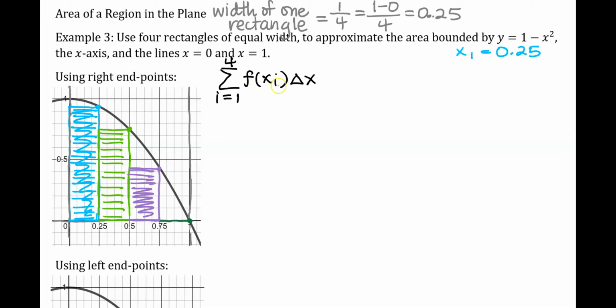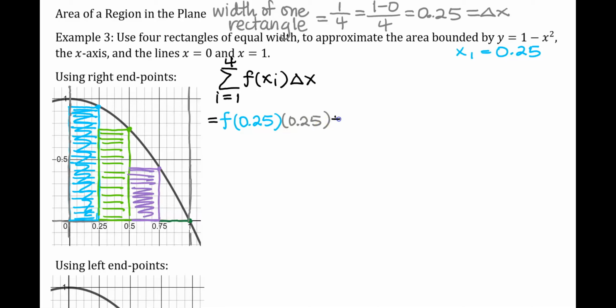So our f of x1 is going to be the function evaluated at 0.25. Remember, in all of these cases, delta x is 0.25. Delta x represents the width of the rectangle. So our first term in this summation is the function evaluated at 0.25, and then I will multiply that by the width of a rectangle, which is 0.25.